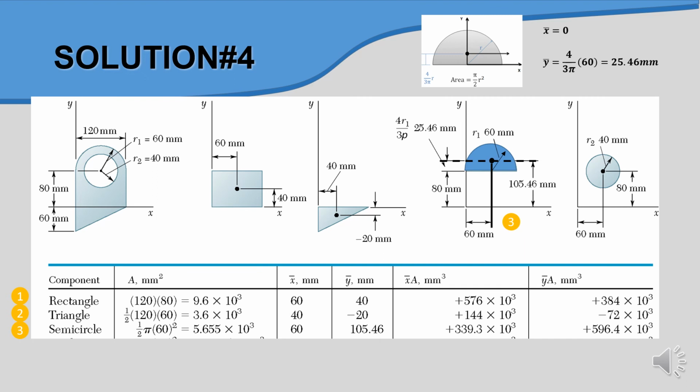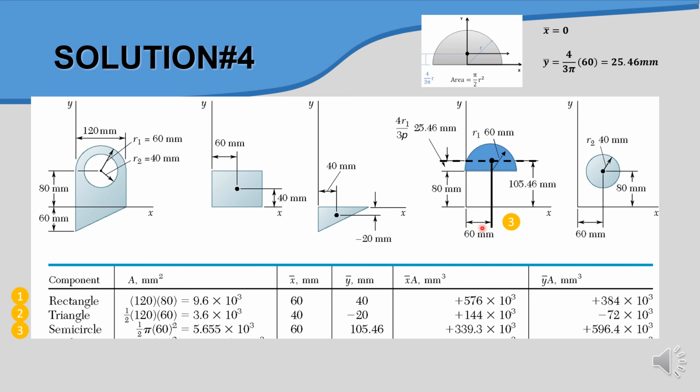But this value you cannot put in this table. You need to include the actual position in the coordinate system. You can see here the semicircle is a little bit higher. It is not at the position of 0. In case of the x value, you can divide 120 by 2, you get the value of 60.